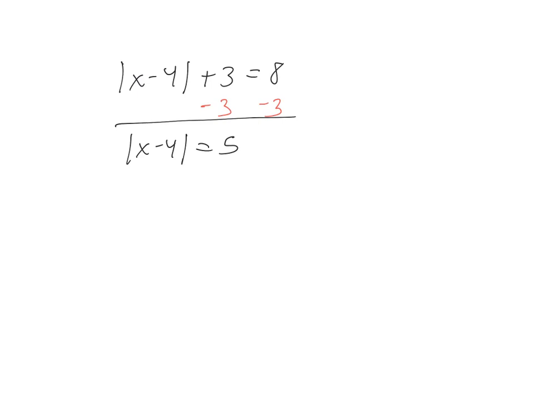Okay, is it no solution? No, because that's positive 5. So then I'm going to write two equations. One with a positive 5 and one with a negative 5. And then solve each one.